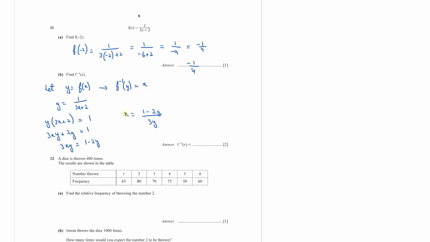So now I can substitute this x and replace it with f inverse of y. So I get f inverse of y equals 1 minus 2y over 3y. So if f inverse of y is this, then f inverse of x is simply substitute x in place of y everywhere. So you get 1 minus 2x over 3x. So your f inverse of x would be 1 minus 2x divided by 3x.